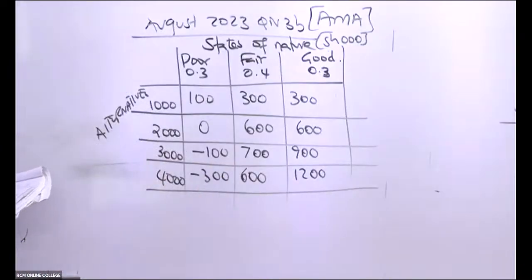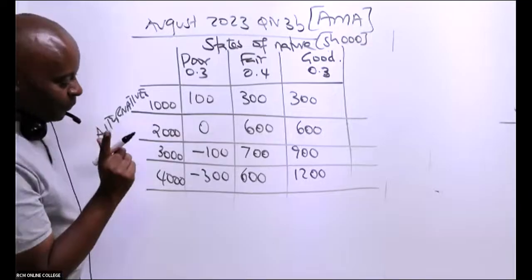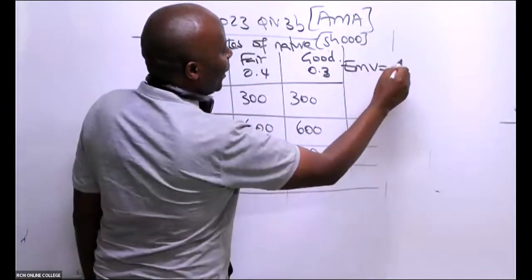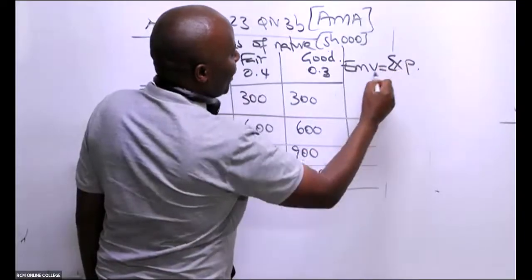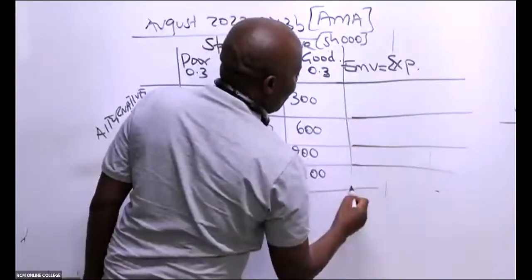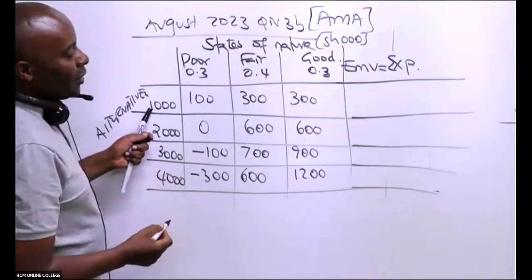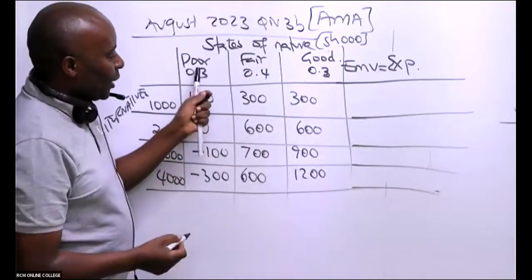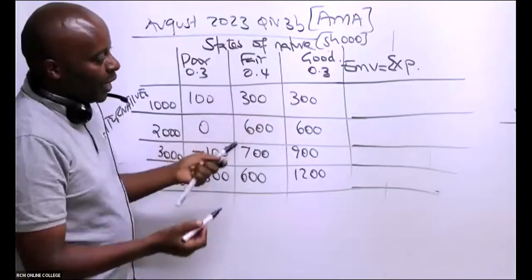And then now they want us to use expected monetary value to advise. So expected monetary value means what here? Expectation. Expected monetary value means average. So to get expected monetary value, we shall take the X values times their corresponding probabilities. We take the payoffs, the profits, we multiply them with their respective probabilities and then we sum.